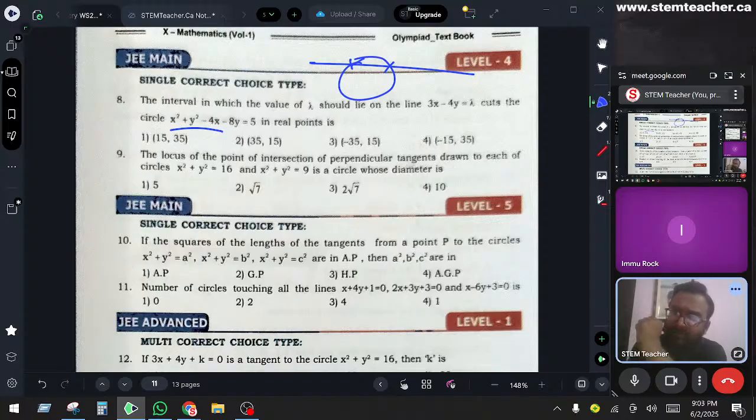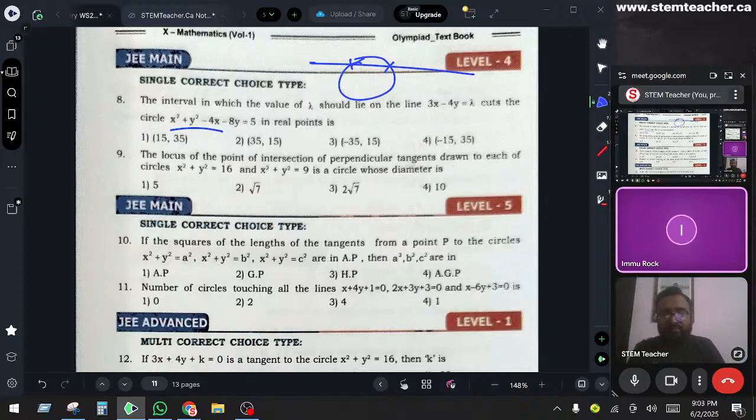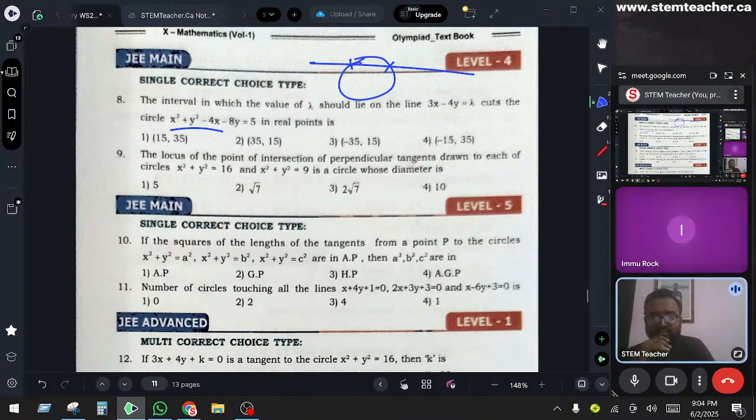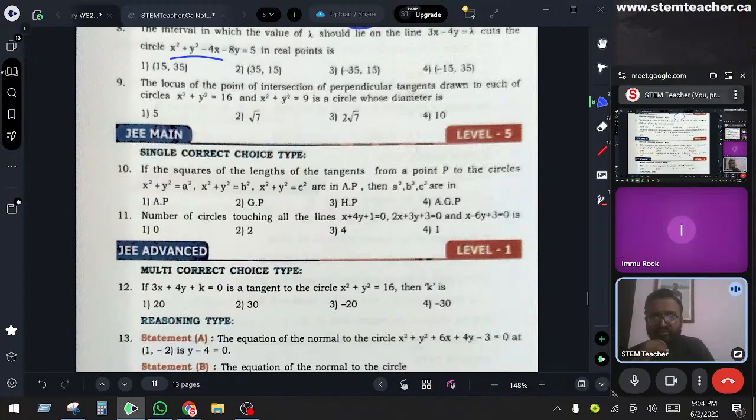The locus of points of intersection of perpendicular tangents drawn to each circle whose diameter is. इसका तो देखना पड़ेगा. If the squares of lengths of the tangents from the point P to the circle, so and so.